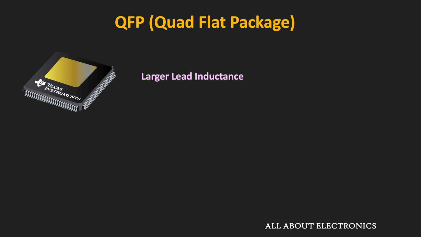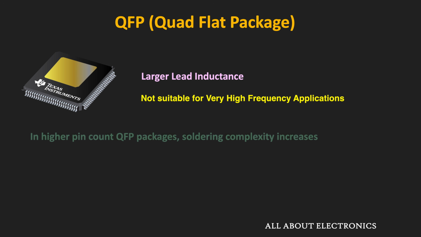Because of that, this package is not suitable for very high frequency applications. Moreover, in higher pin count QFP packages, as the leads are very near to each other, the soldering complexity increases. So these are a few disadvantages of this package.